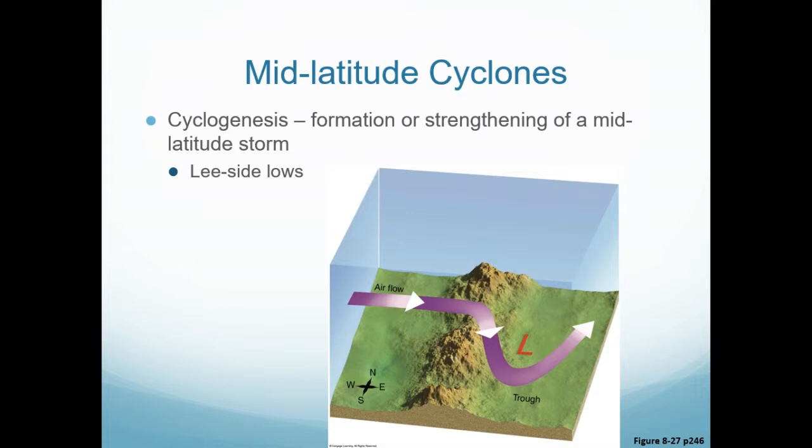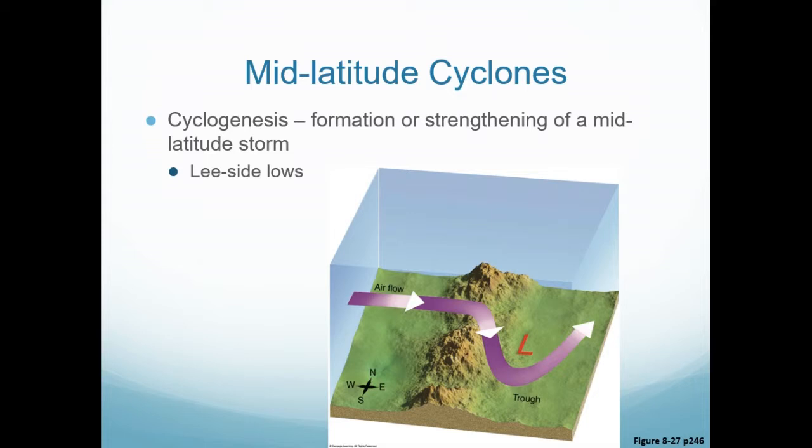Now, what can actually start off this low pressure, the frontal wave? What can start the frontal wave? There are a number of things that can happen to do that, and whenever this happens, we call it cyclogenesis, the formation of a cyclone. Perhaps the most common is what we call a lee-side low.